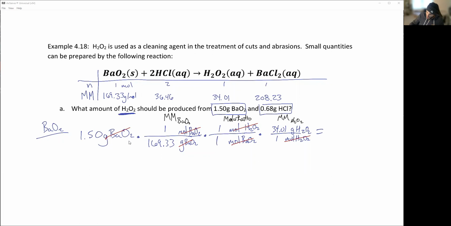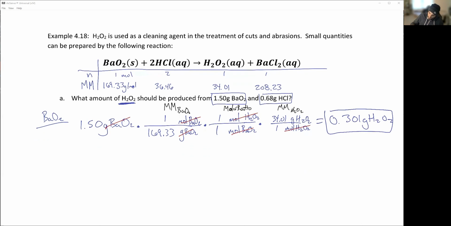After doing the math, you end up with 0.301 grams of H2O2 with 3 sig figs. So that's how many grams of H2O2 I would have if I started with a limited supply of barium peroxide and excess HCl.